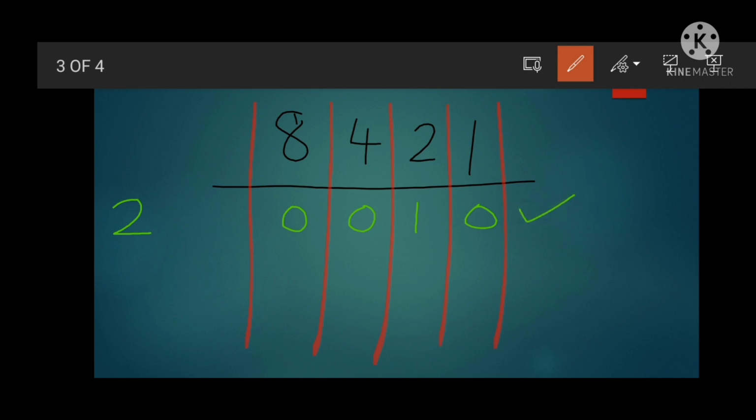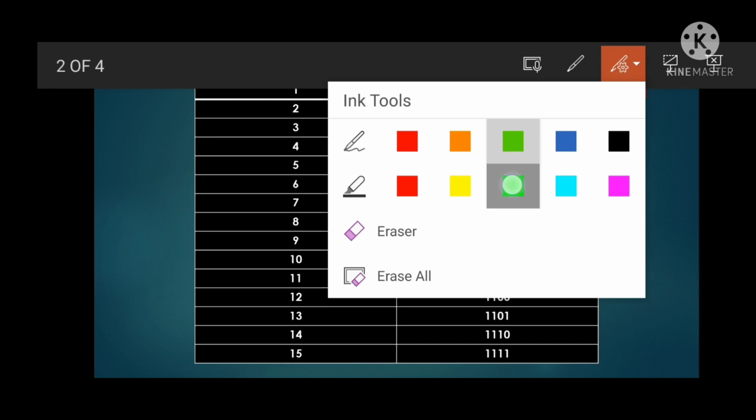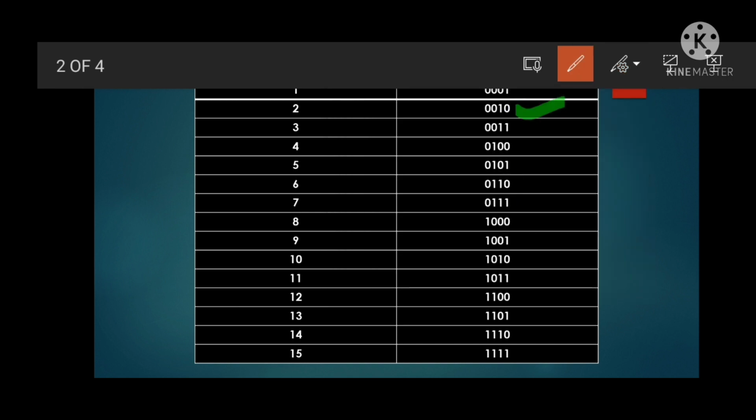Okay, and 3. How do I make 3? 2 plus 1 is 3. So only these two bits will be 1 and these two bits will be 0. So 0, 0, 1, 1 is the pattern of 3. So look at this. Coming back to the table, 1 is 0, 0, 0, 1 and 2 is 0, 0, 1, 0. 3 is 0, 0, 1, 1. That is how we calculated it, right?